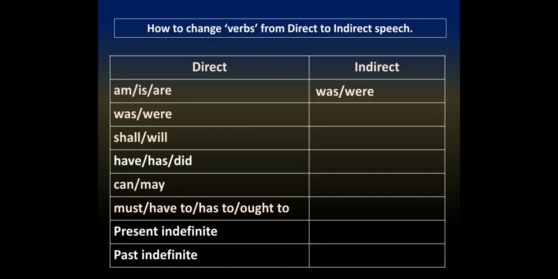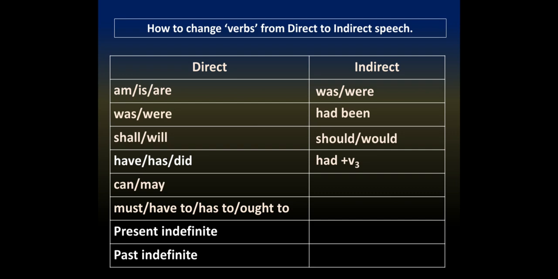If there is was, were, it will be had been. If there is shall or will, it will be should or would. If there is have, has or did, it will be had plus V3, that means the past participle form of the verb.